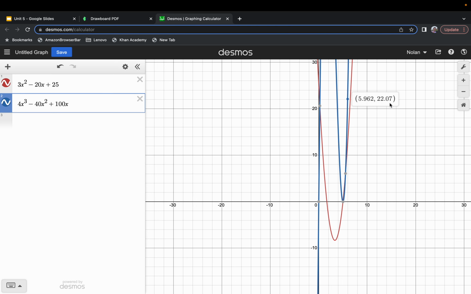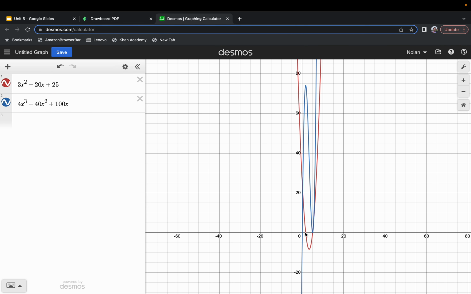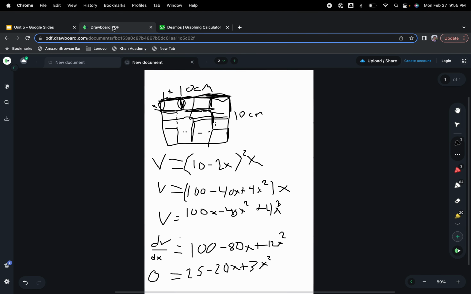It starts going up after that, but we can't use those values. So if we zoom out, our value of 1.667 happens to be our maximum value with our maximum area. This blue line, the y value, represents the area. This is the maximum feasible area of 74.074. And that's how you would solve a problem like that.